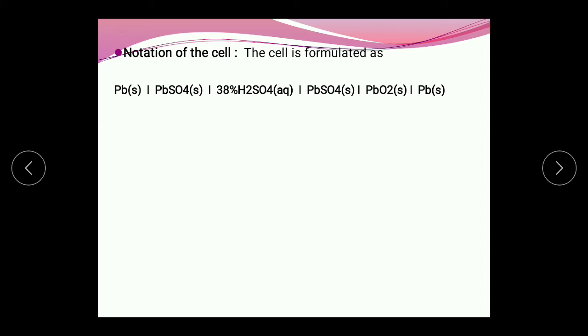Now the working, or we call it cell reaction. Now in lead storage battery, as it is a secondary voltaic cell, two types of cell reactions we have to see. Cell reactions during discharge and cell reactions during recharge. In working as a galvanic cell, we call it cell reactions during discharge. Here, anode is lead and cathode is lead dioxide.